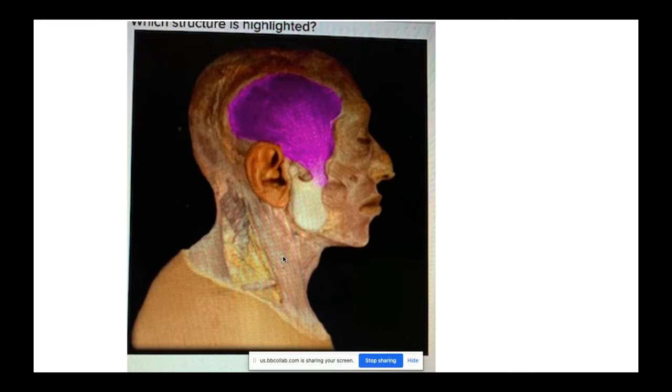How about this one here on the screen, temporalis. It's near the temporal bone. Frontalis, near the frontal bone. Occipitalis, near the occipital bone. Mentalis, near the mental, near the mandible. All right, so that's L for location.